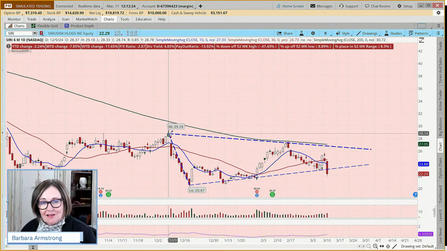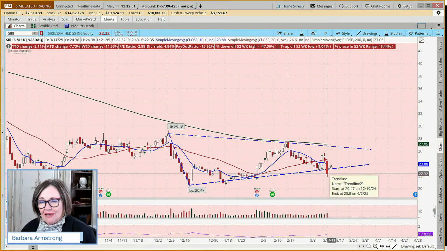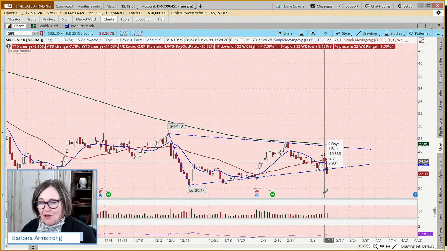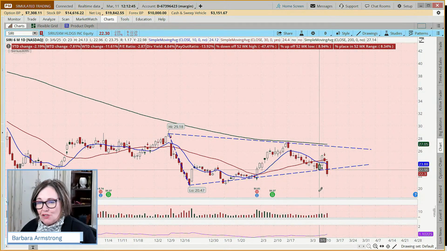But if you take this line and when you draw it, you say, okay, that's an $8.27 move. So given it's breaking down here, what's $8.27 below this low? Well, it's off our chart.